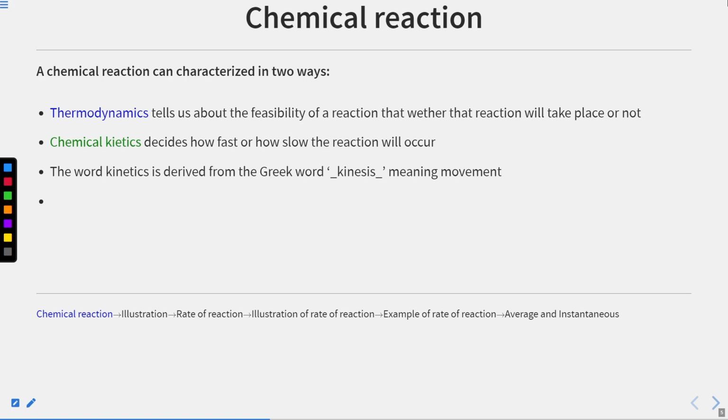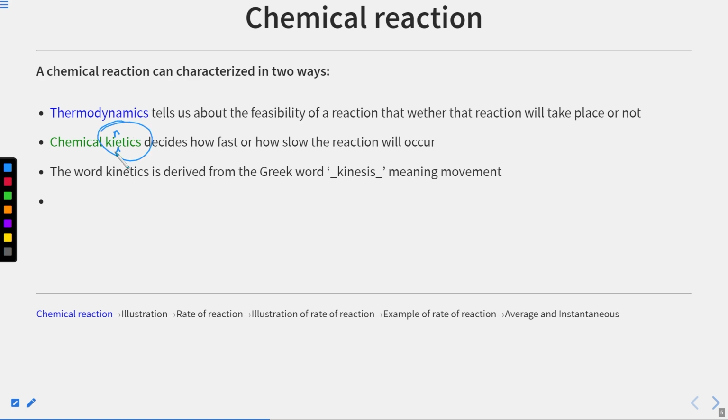The movement is not exactly the word for rate, but you can associate this term with the speed of reaction. Sorry, it is not written rightly here. It will be K-I-N, kinetics.